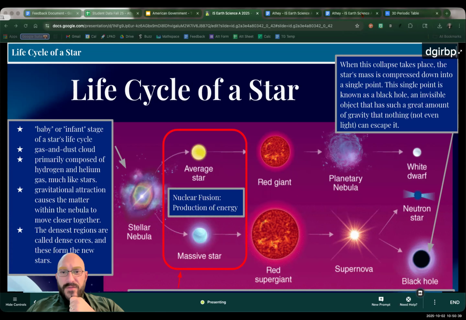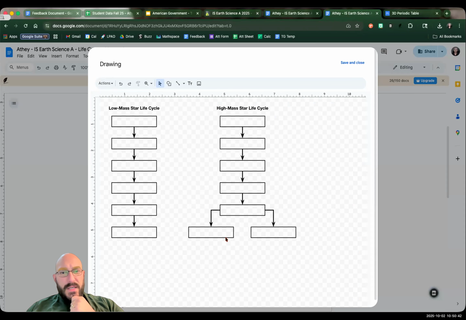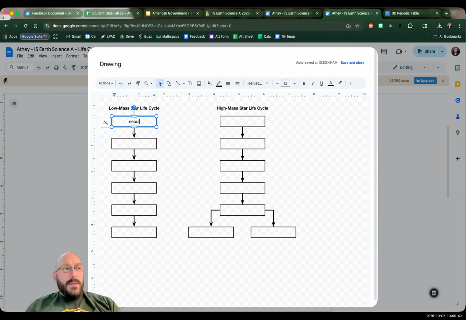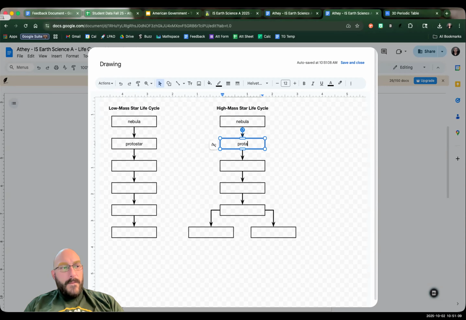Okay, you're going to fill this in with the vocabulary terms. So this is going to be a nebula. All stars start as a nebula. Then they all become a protostar, which is an in-between stage.